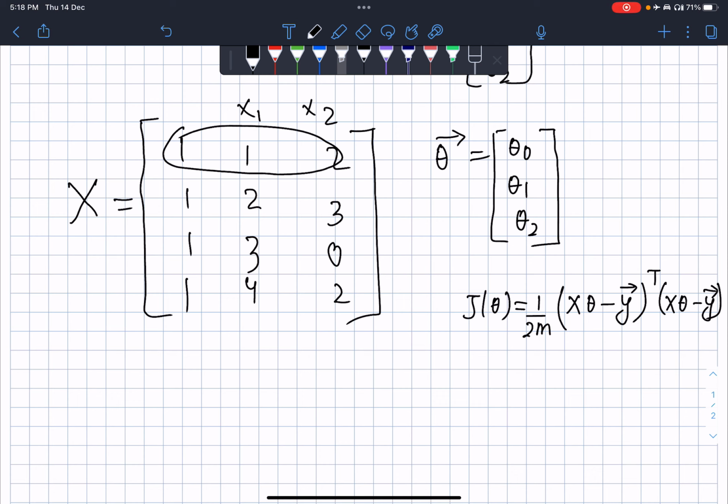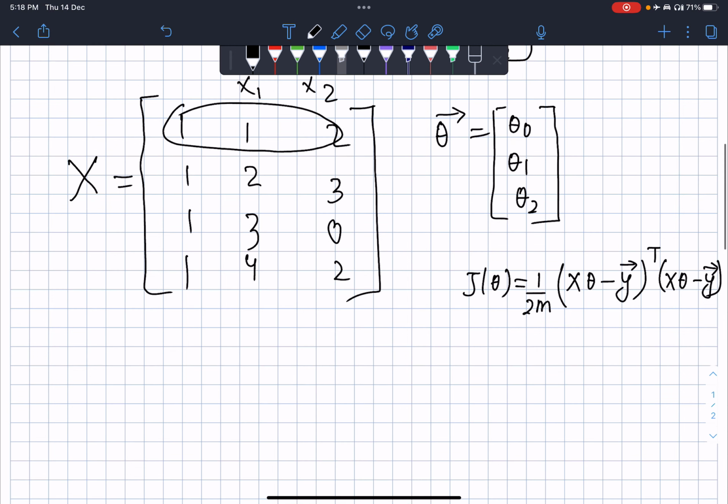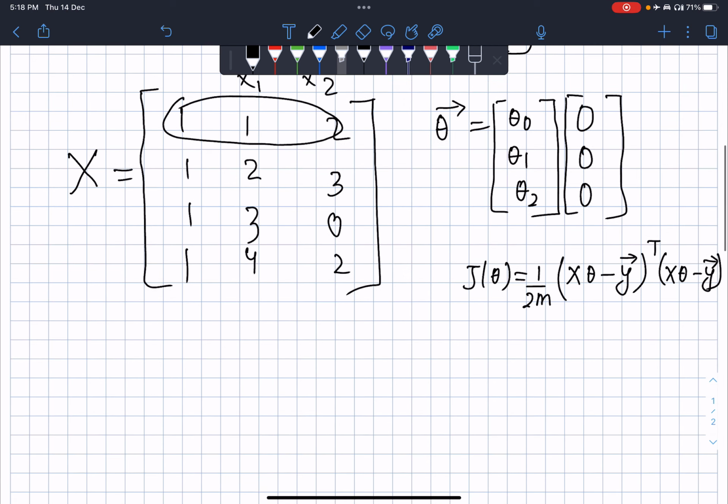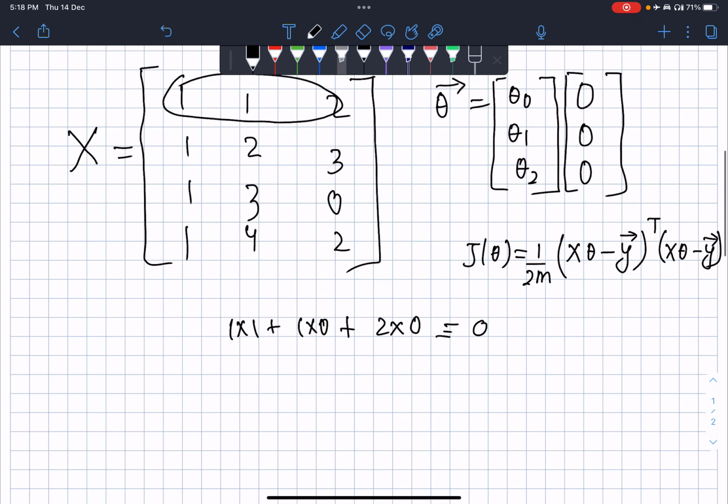So for the sake of now, let's assign all theta to 0. Now we compute 0 into 1 plus 0 into 1 plus 2 into 0, and we get 0. For each value we're getting 0.